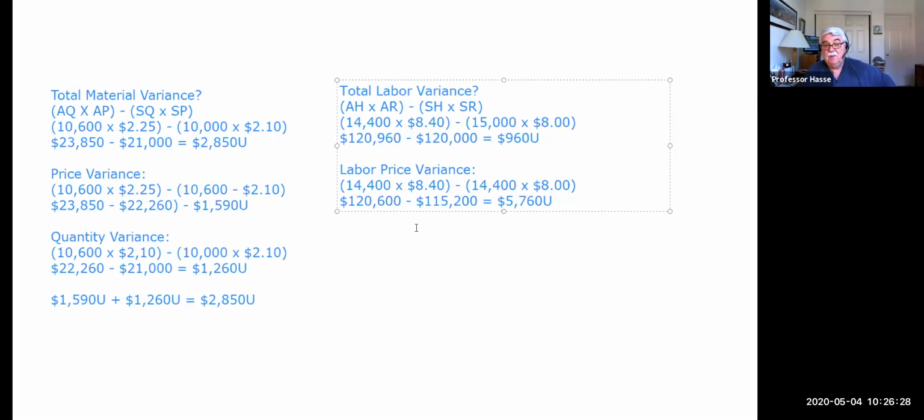We paid 40 cents more than we planned per labor hour. And we had a lot of labor hours, 14,400. That 40 cents difference caused us to have an unfavorable price variance of almost $5,800.